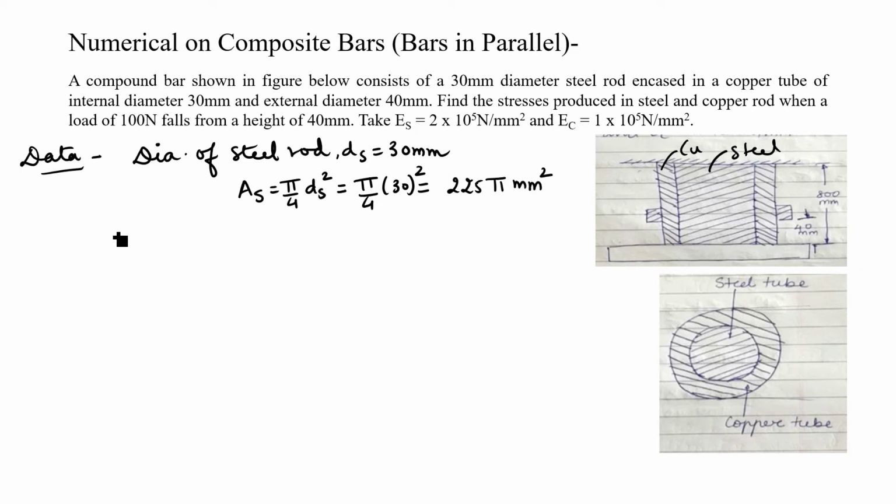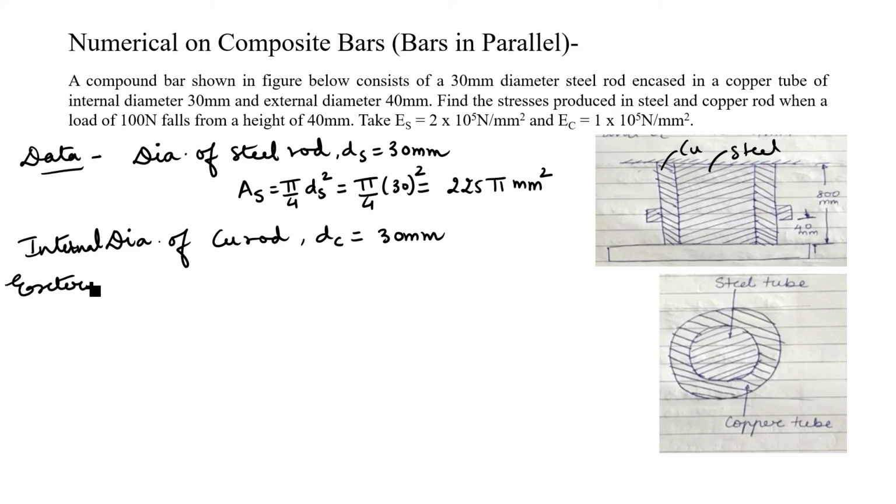Next is given the diameter of, okay, that too internal diameter. There are two diameters for copper. So I'll write down the internal diameter of the copper rod. Say I call it small dc, given as 30 mm, and the external diameter of the copper rod, say I call it capital DC, is 40 mm.